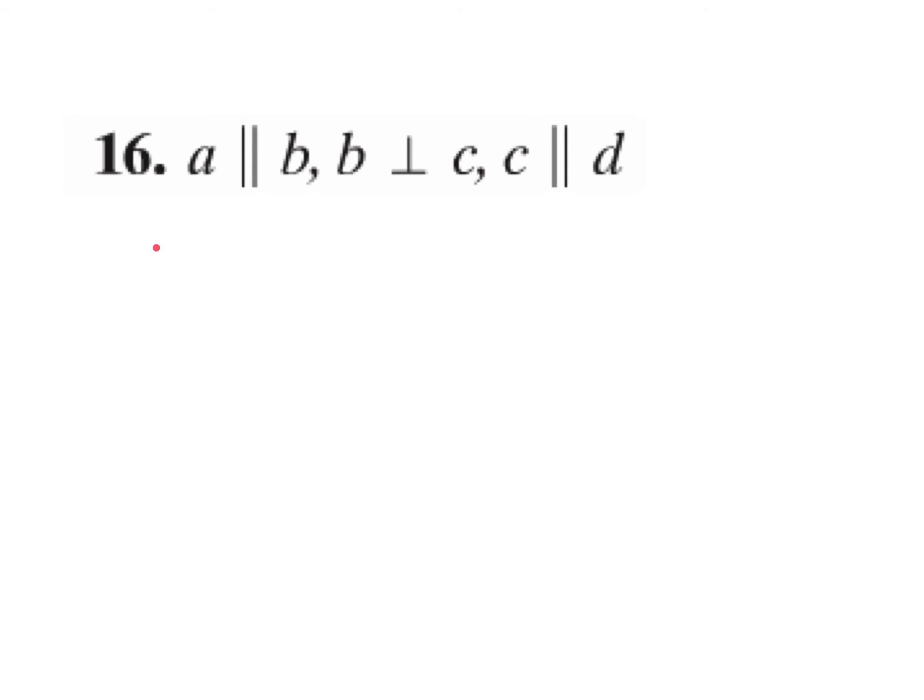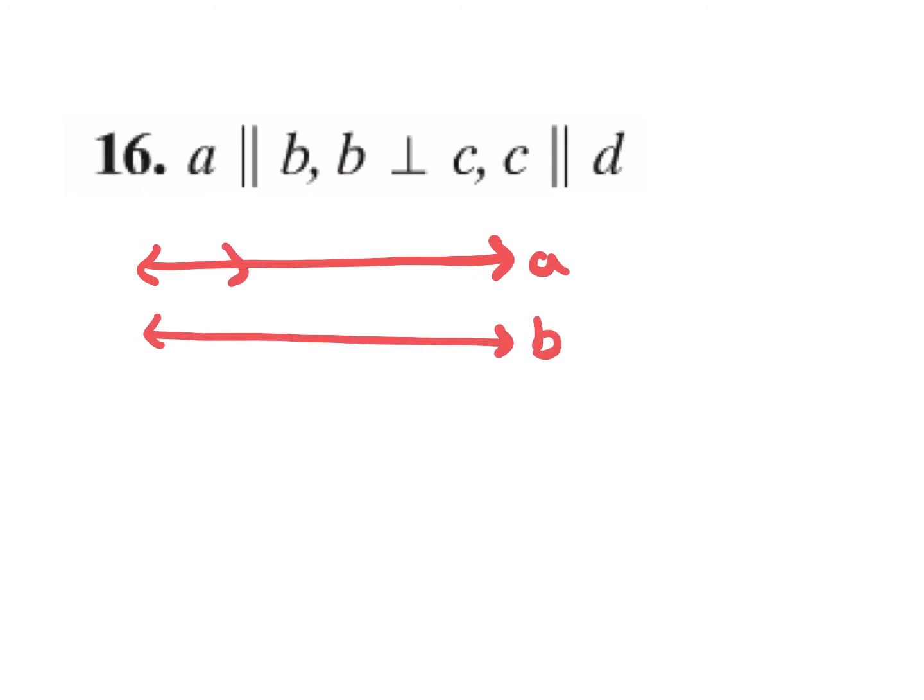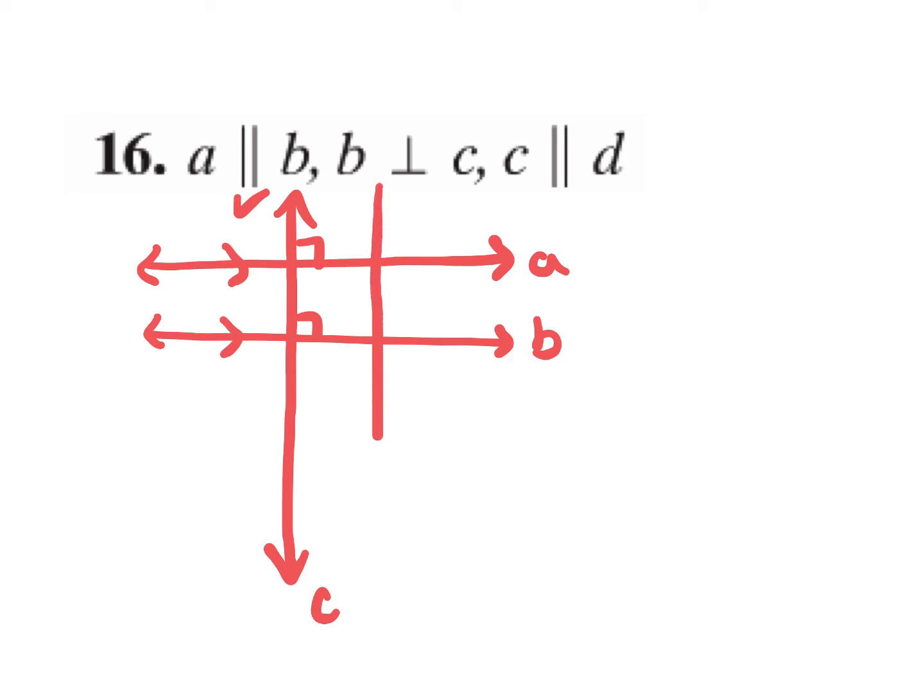For the next one, I start with line A and line B are parallel. Then I have B is perpendicular to C, so I'm going to draw on line C and make it perpendicular. So these are right angles. Then if C is going to be parallel to D, this means it's parallel to this vertical line.